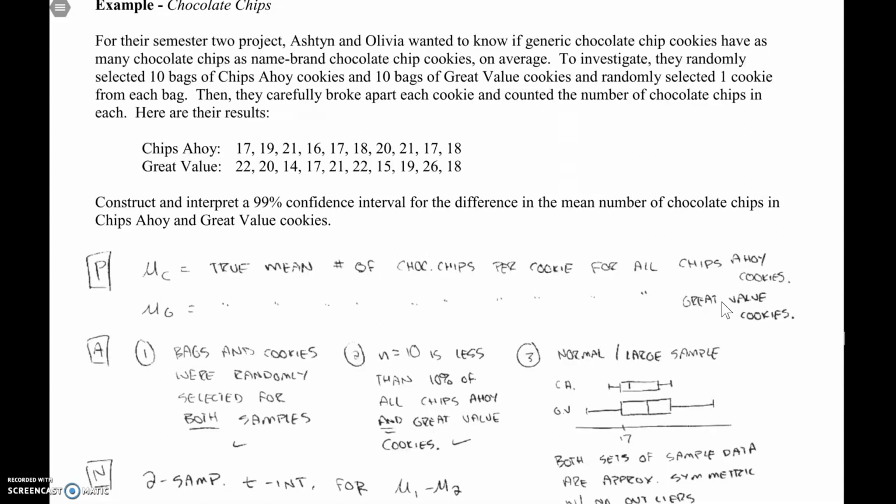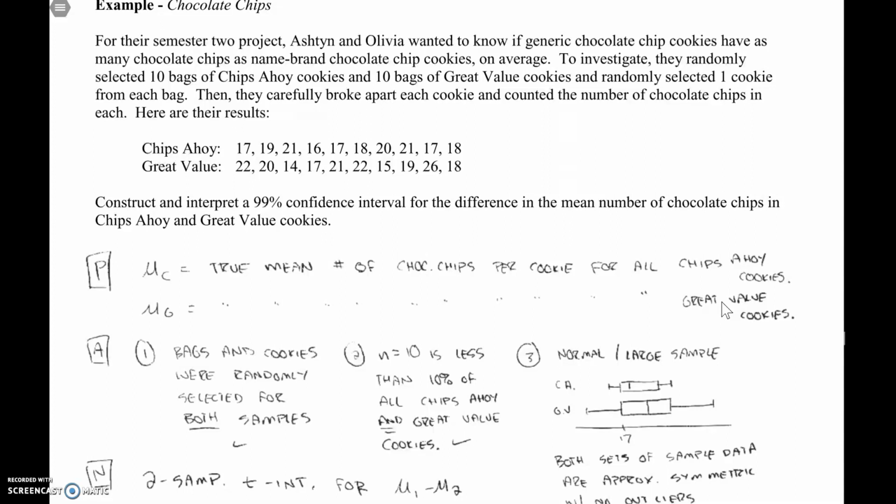To investigate, they randomly selected 10 bags of Chips Ahoy cookies and 10 bags of Great Value cookies, and then randomly selected one cookie from each bag. Then they carefully broke apart each cookie and counted the number of chocolate chips in each. Here are their results. Construct and interpret a 99% confidence interval for the difference in the mean number of chocolate chips in Chips Ahoy and Great Value cookies.